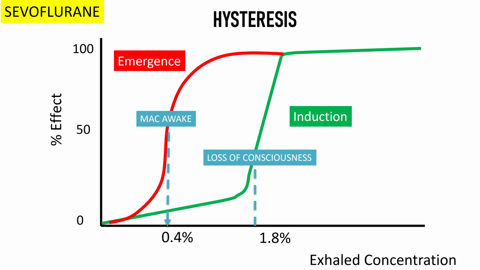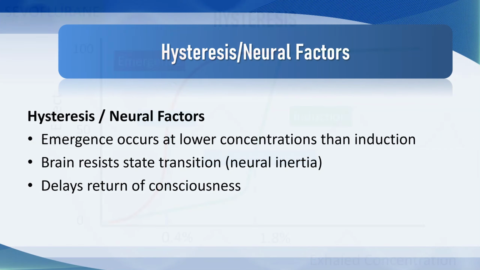And you need to be aware of that. You don't need to be that bothered giving the patients lowish inspired concentrations of volatile agent while closure is taking place. Now, the reason for this was previously discussed. It's associated with neural factors. The brain resists the state of transition. This is neural inertia, and it does delay return to consciousness.